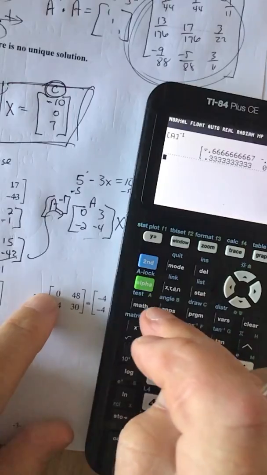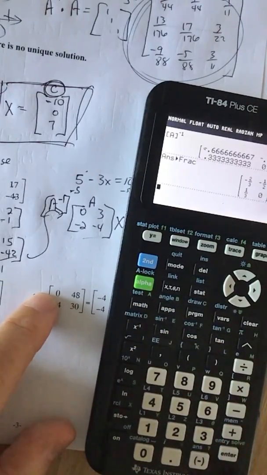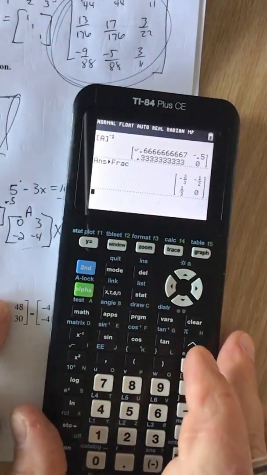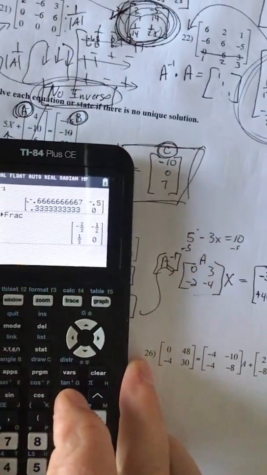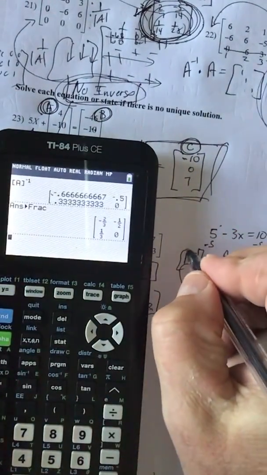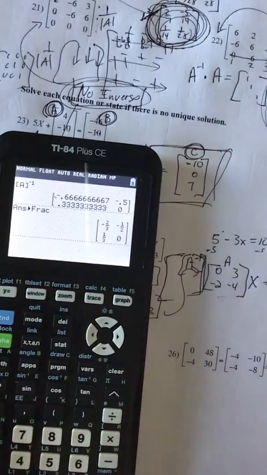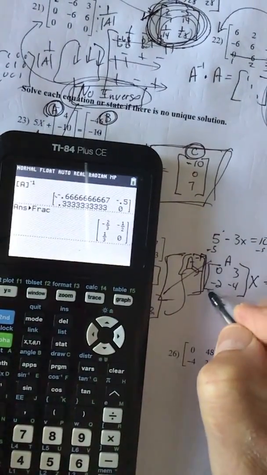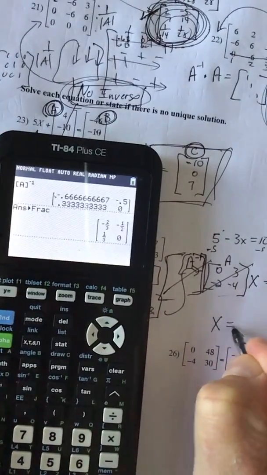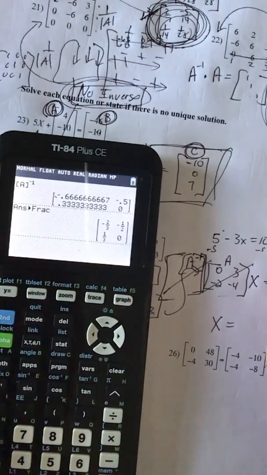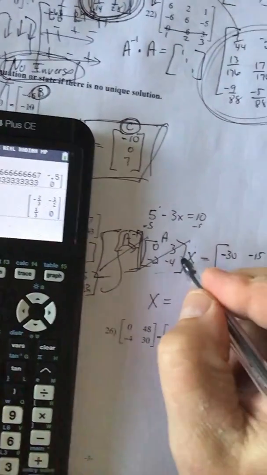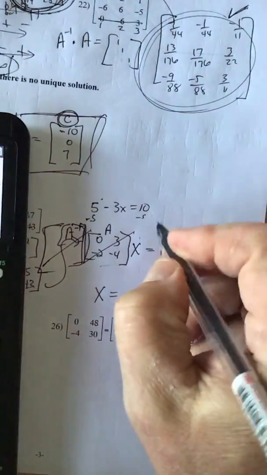Now our calculator, it's really nice and quick. A inverse is that. So I have to multiply both sides by that matrix. I'm going to multiply this side by that matrix, and it always has to come in front of what we're doing. So it's the inverse times the regular. That's going to leave x. Okay, I've got to put the inverse over here on this one.